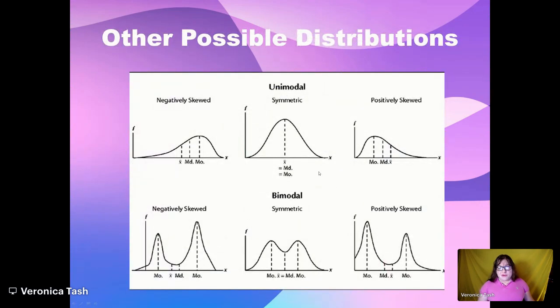And of course, there are many different distributions, not just the one that you saw there. And actually, a negatively skewed one is probably the one that is best fit for the US. If you were to look at the full scale of where people place themselves, you'd have a negatively skewed bimodal.